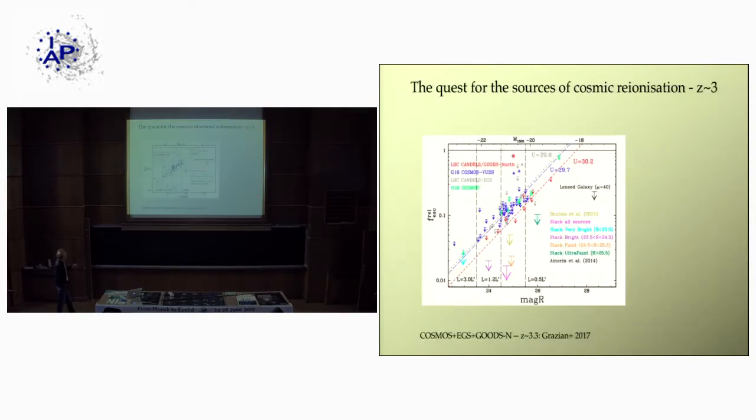For example, in these deep fields here, our colleagues from Italy have studied with very deep images with the VLT reaching 30 magnitude in the U-band. They have been looking for Lyman continuum escape in redshift 3 galaxies, and what you can see is that they basically have been able to determine only upper limits.